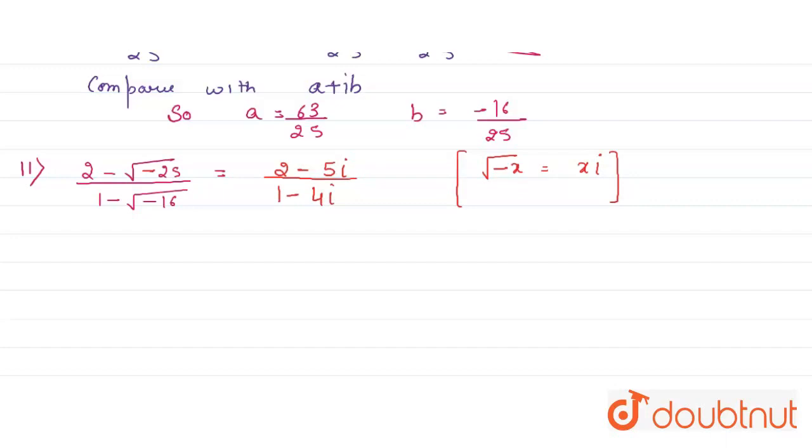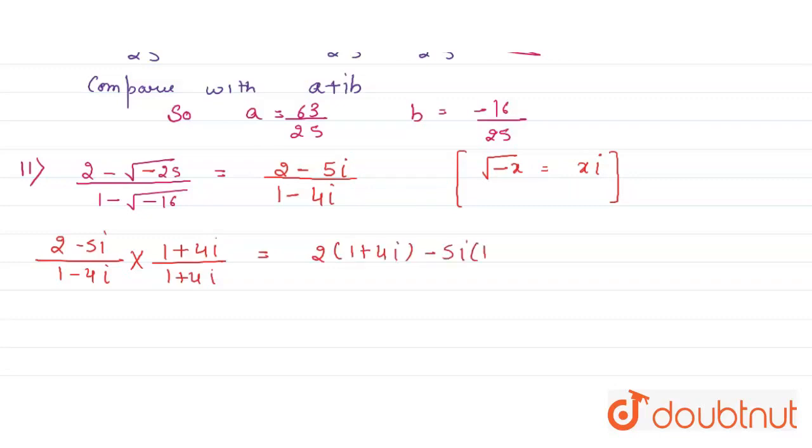Now we just need to do the same procedure as we did earlier. We will multiply by the conjugate in the numerator and the denominator. So multiply 1 plus 4i: 2 minus 5i times 1 plus 4i divided by 1 minus 16i square.